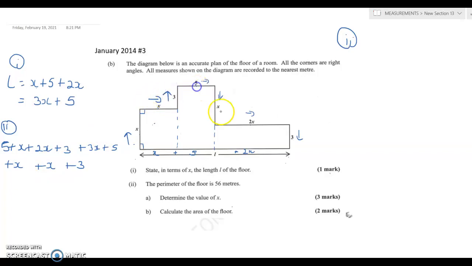So we're supposed to have 8 terms. 1, 2, 3, 4, 5, 6, 7, 8.